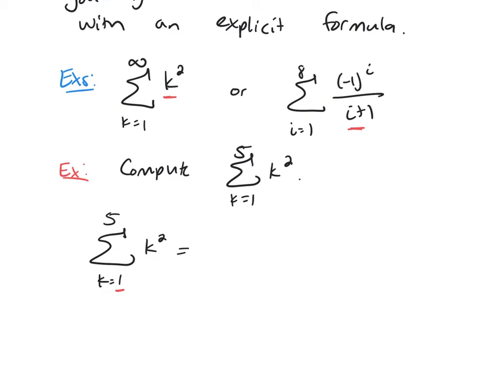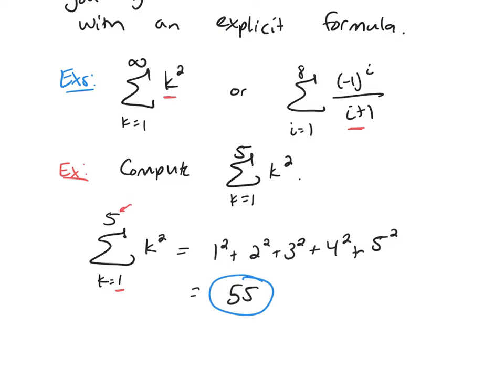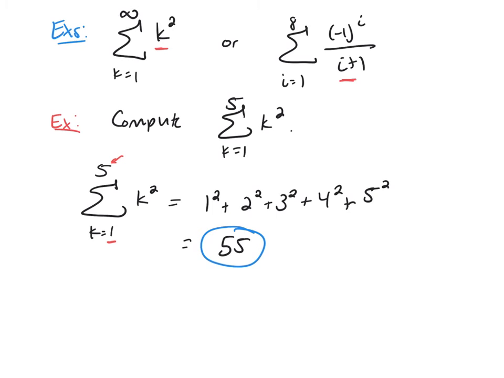You plug that in for k, so you'd get 1 squared, and then 2 squared, 3 squared, 4 squared, and then you stop at your upper bound, so 5 squared. If you add up all of these numbers, you would get 55. So all you're doing is substituting in for the k all of the possible values, and then adding the numbers together.